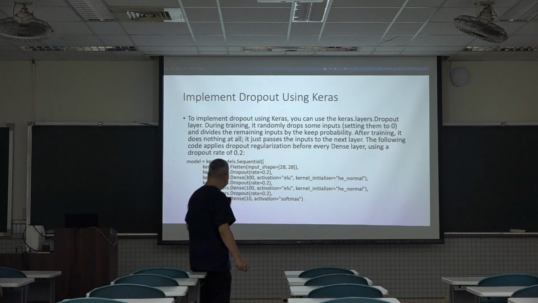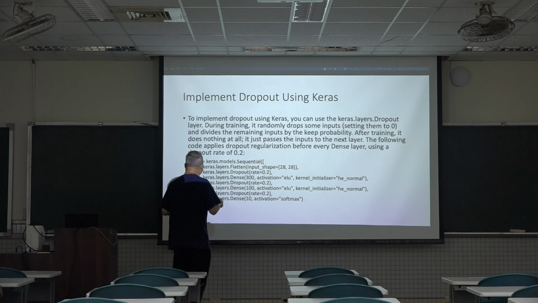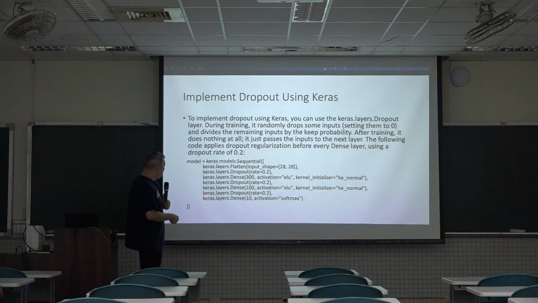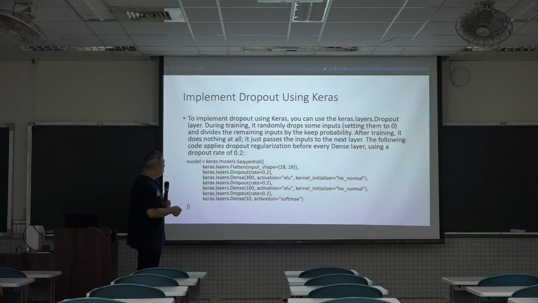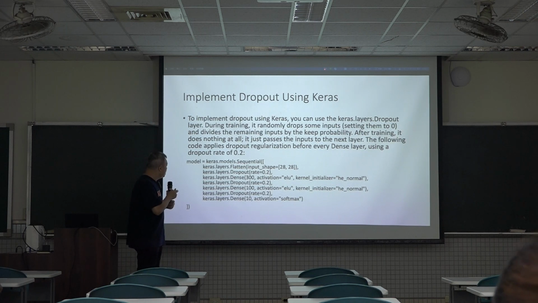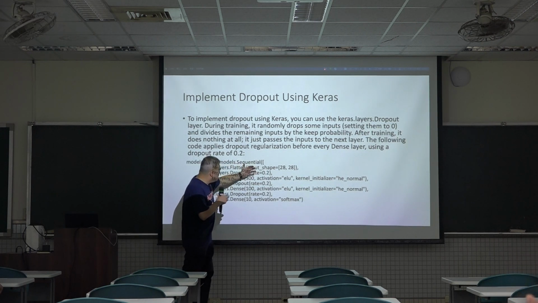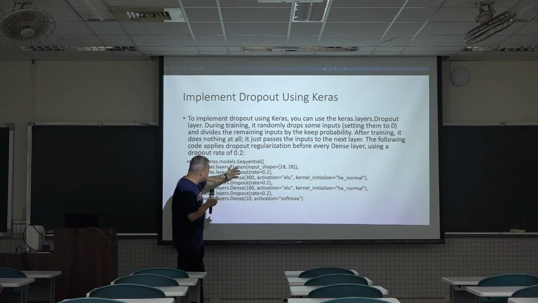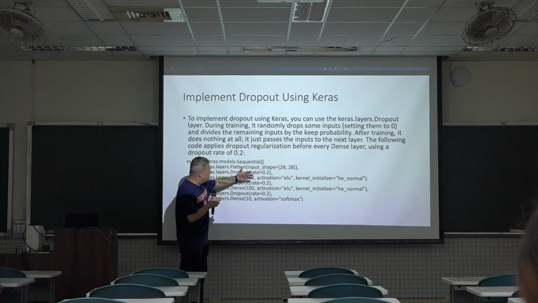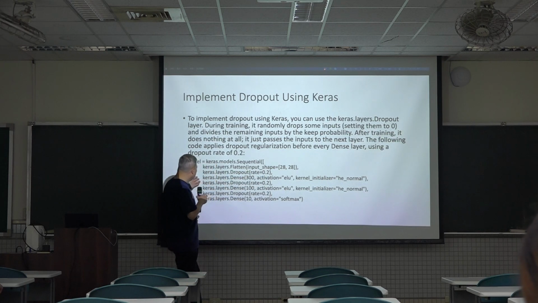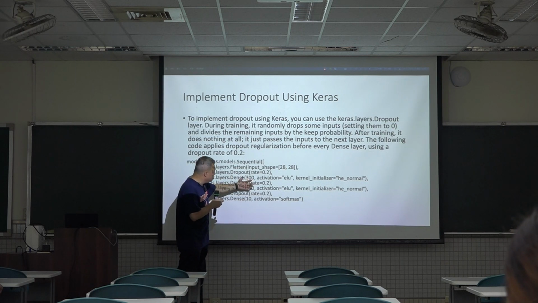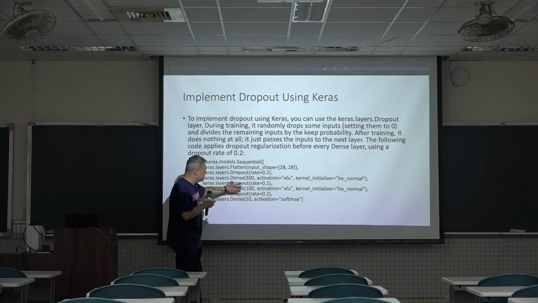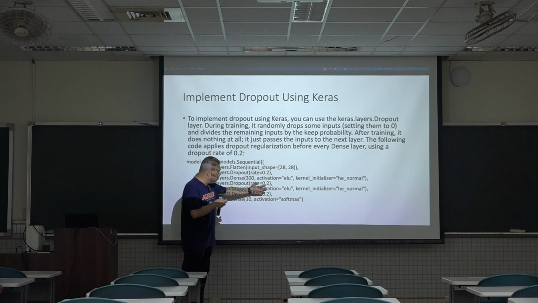Same thing. For example, here is the example for the Fashion MNIST. If you want to apply dropout to every layer, you can see the flatten layer, and then we apply dropout here for the flattened layer. The dropout rate is 0.2. Then the first hidden dense layer has 300 neurons, and we apply dropout with a dropout rate of 0.2.